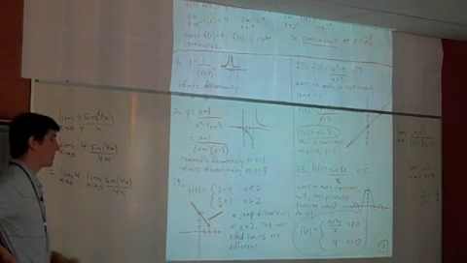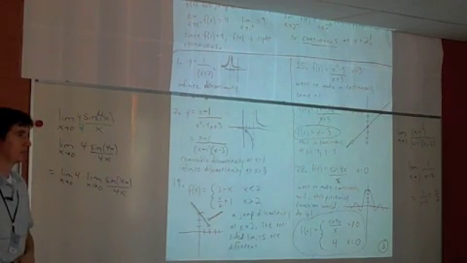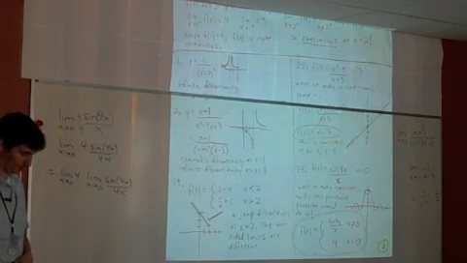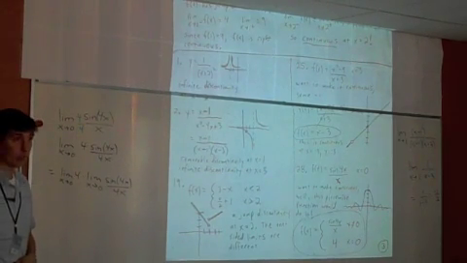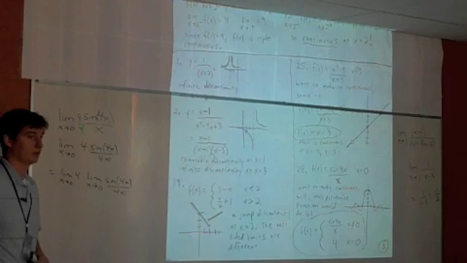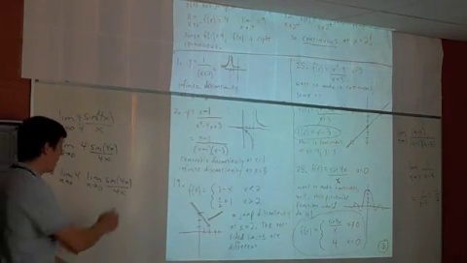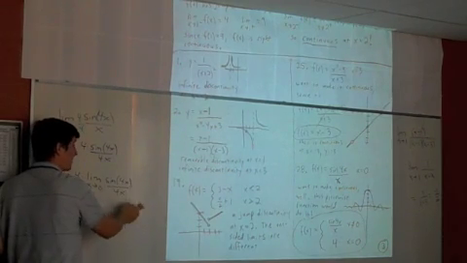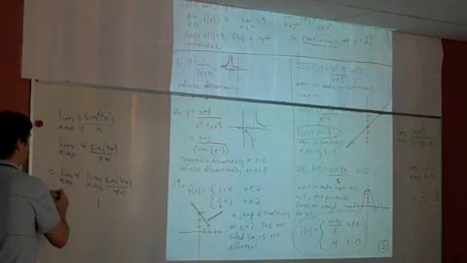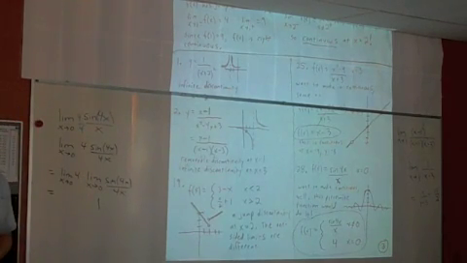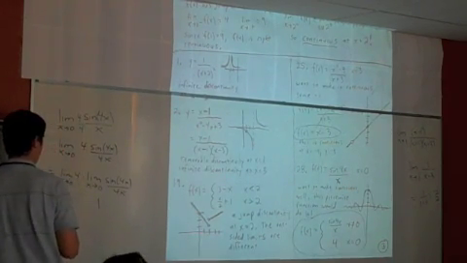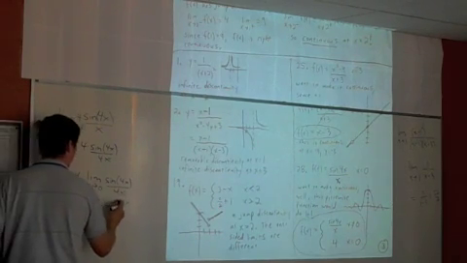What's the limit as x approaches 0 of sine x over x? 1. What's the limit as x approaches 0 of sine of 4x over 4x? Yeah, as long as this is the same as this, the limit is going to equal 1. What's the limit as x approaches 0 of 4? 4. This limit is equal to 4 times 1, which is 4.